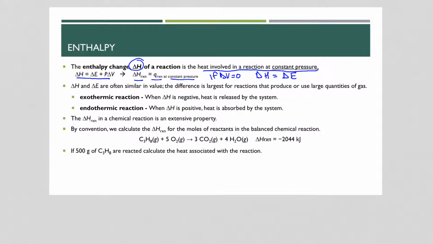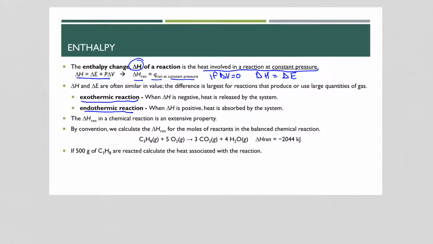Now, we look at reactions or changes, whether they be physical or chemical, based on the value of the enthalpy change. And we label these as exothermic and endothermic. So an exothermic reaction is when the enthalpy change is negative.